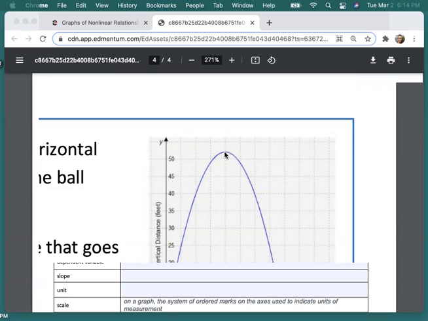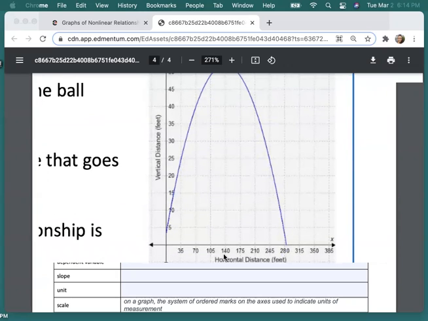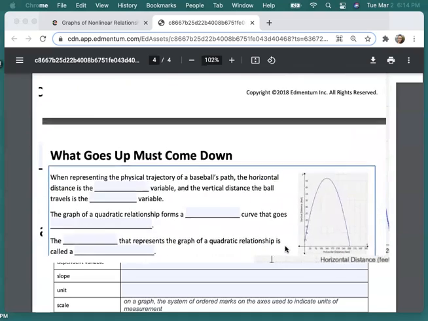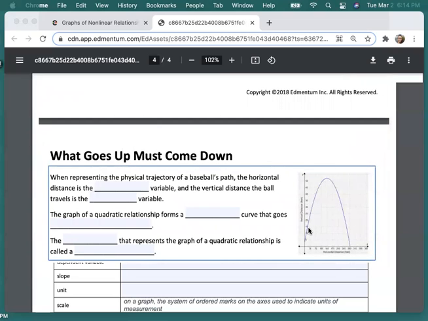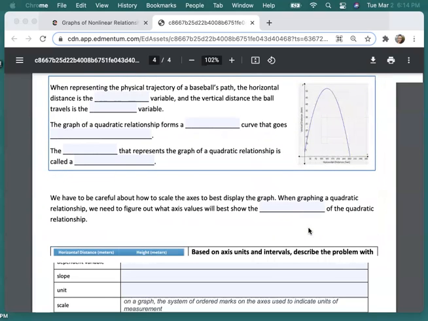And that basically is showing it's over 50 feet high at the highest point, and that happens after over 140 feet horizontal distance. It looks like it was thrown from a height of around 4 feet, and it landed 280 feet away from where the person threw it. And this is a parabola, a negative parabola, because it's opening down.